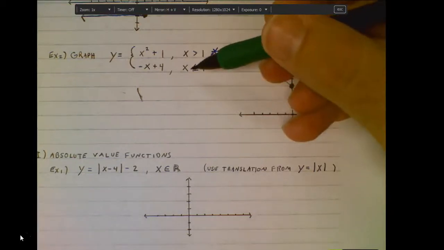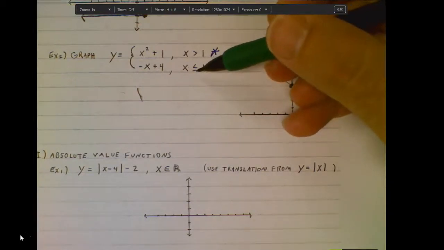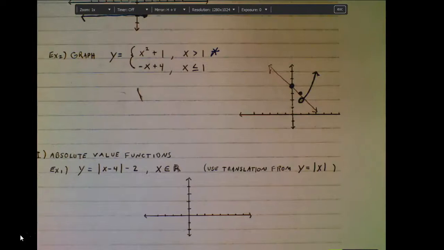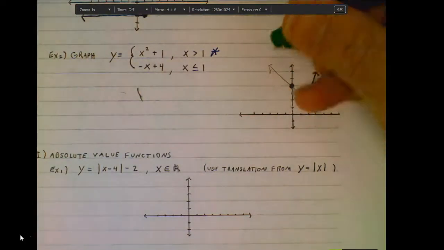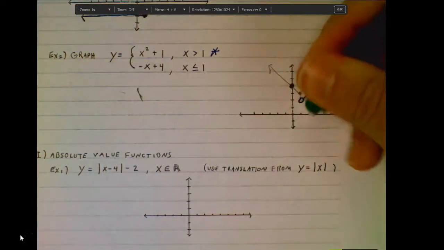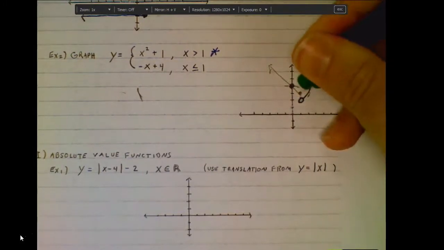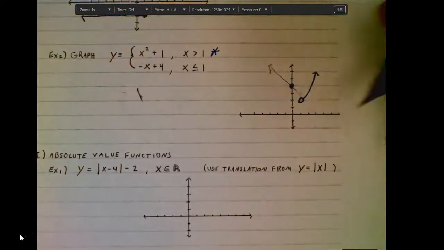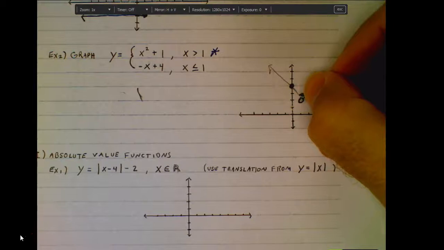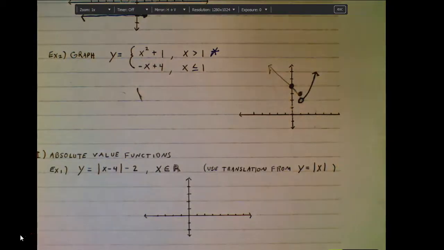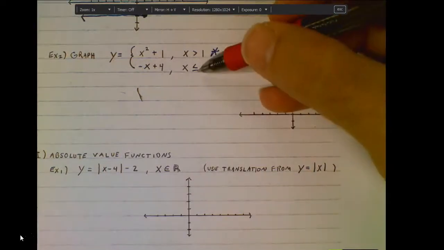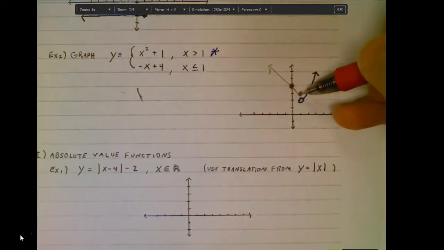This one says I can only look at the x's that are less than or equal to 1, so this graph only goes to the left from 1. So we would have to cut it off right there. And you'll notice this one does carry the equal sign, so we do leave it filled in.